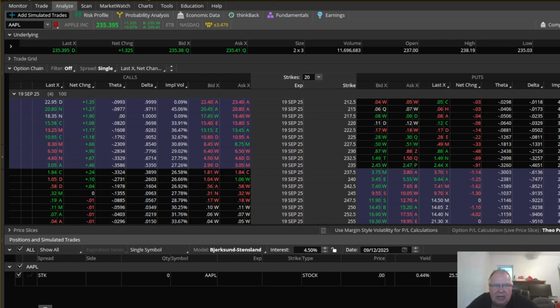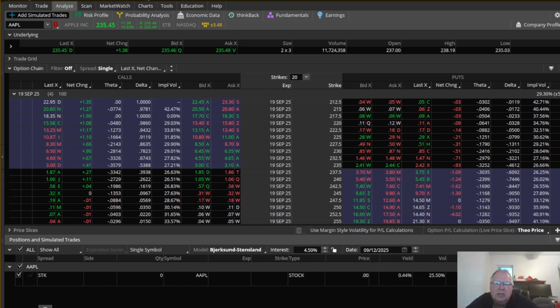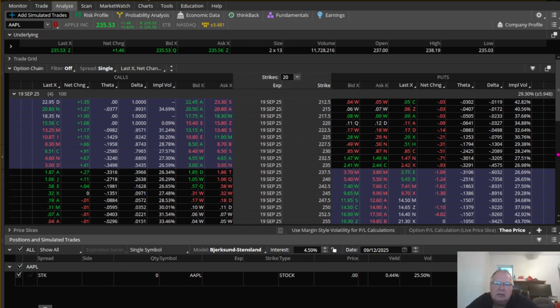Now I've got here a table of different strikes, my bid, my ask, and so forth. Theta and delta are also pretty important. It looks like I've cut my deltas off just a little bit. I want those here, so let me just move this a little bit.